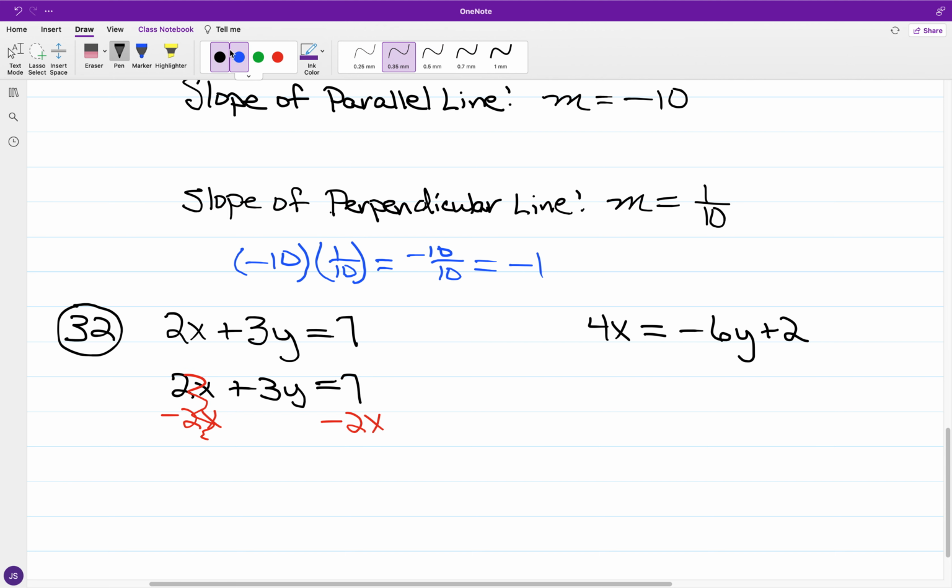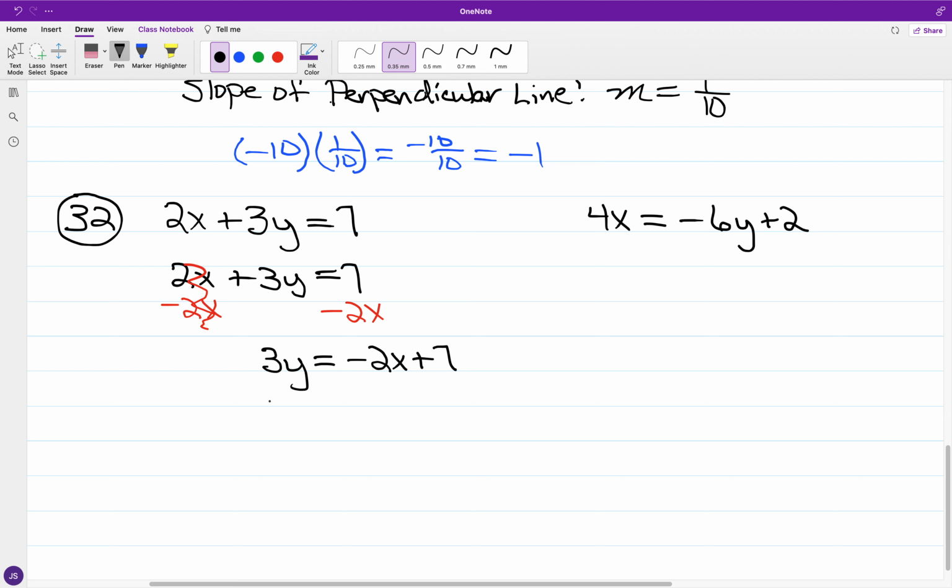So after this stage, we have 3y is equal to negative 2x plus 7, and getting in terms of y, we have a division by 3. So 3y over 3 becomes y. And we have that y is equal to negative 2/3 of x plus 7/3.